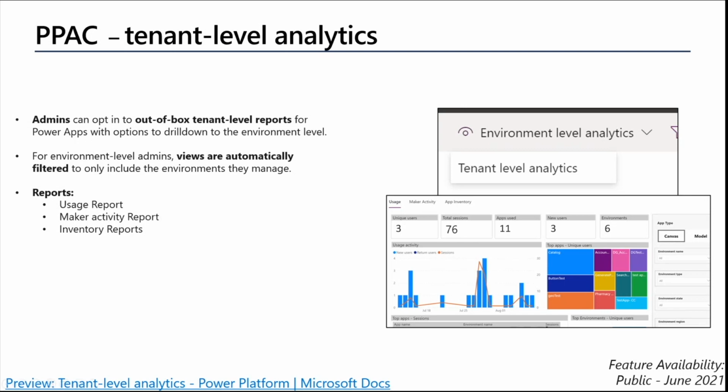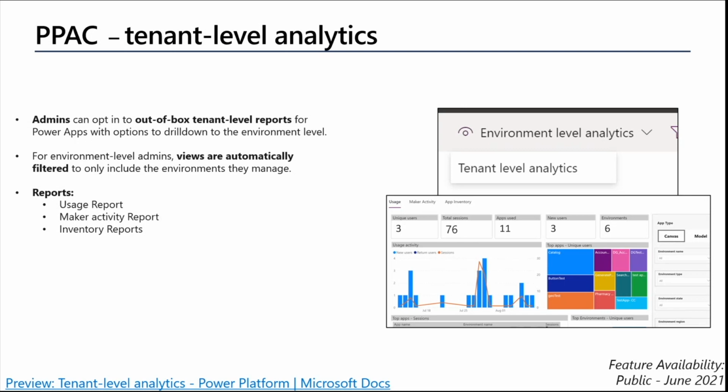So if we look at the environment level admins specifically, the views are automatically filtered to only include the environments they manage. So here we have several kinds of reports that can be accessed. We can see, for instance, the usage reports, which will provide insight into MAU, sessions, new and return users, and a list of apps in use with the filter for app type, connector tiers, country, device platform, and player versions.